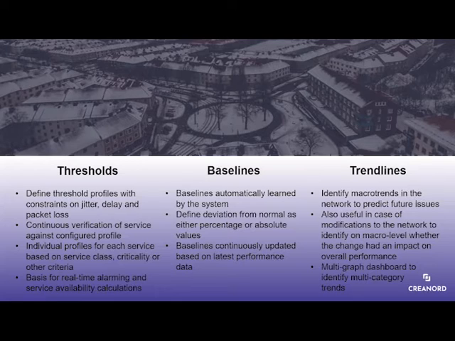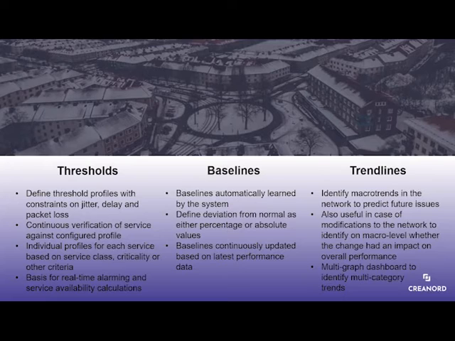Video has quite different requirements than voice or control traffic. And based on that, you get real-time alarms to react to issues, and it's also a basis for the service availability calculation, so when you want to see how well the services have performed.